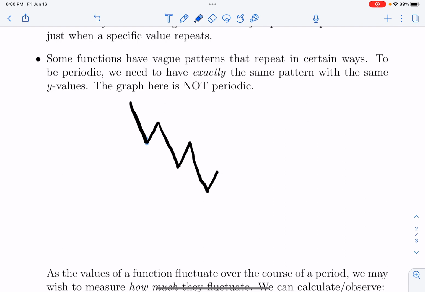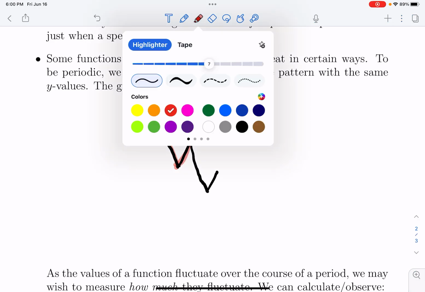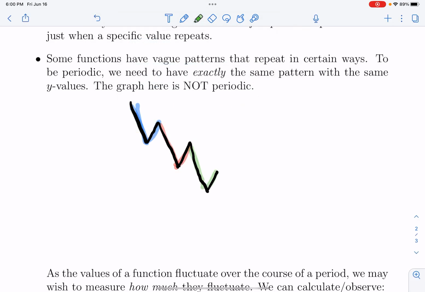If I drew this perfectly, it might be that all of these things that I'm highlighting are exactly the same size and shape. But the problem is they're not at the same height. We need to have cycles that look exactly the same except for shifting them left and right. If we're also shifting them up and down, that doesn't count.